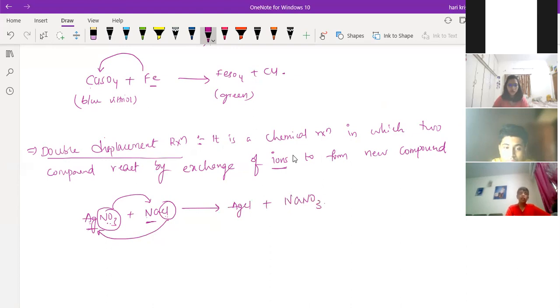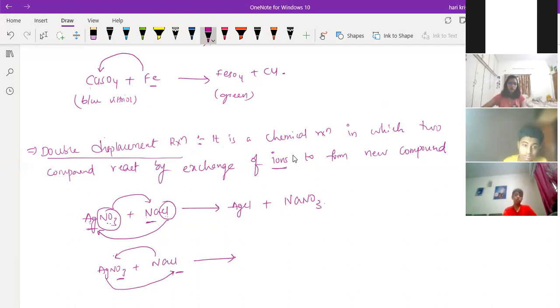So completely new products are formed. Sir, why can't sodium displace? Can it be taken that way also? Suppose you take AgNO3 and NaCl, you can say it this way also. NO3 is constant, Cl is constant. Na will go and attach with the NO3 and Ag will go and attach with the Cl. So, sir, any metal can displace?